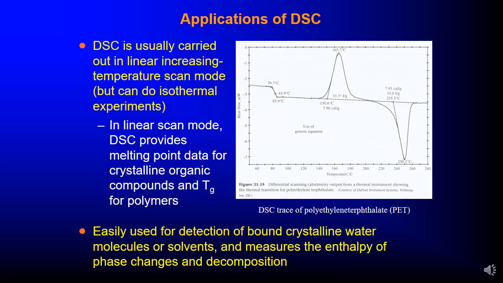Then for applications, differential scanning calorimetry is usually carried out in linear increasing temperature scan mode, but can do isothermal experiments. In linear scan mode, it provides melting point data for crystalline organic compounds and glass transition for polymers. It is easily used for detection of bound crystalline water molecules on solvents, and measures the enthalpy of phase changes and decomposition.